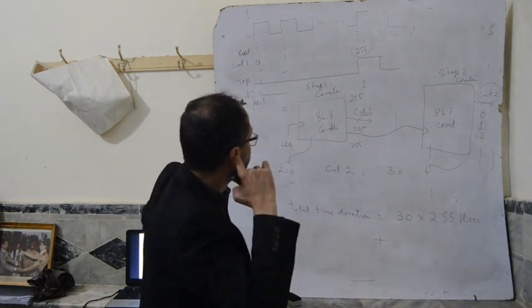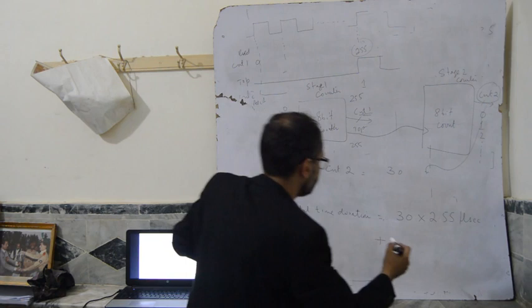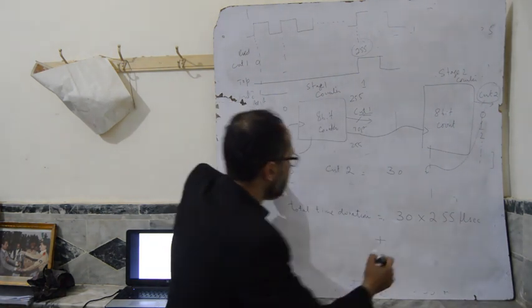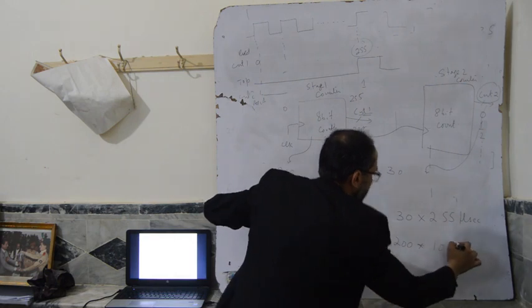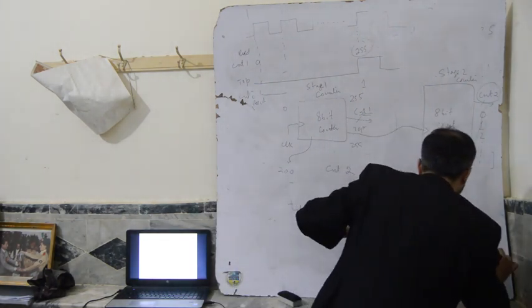And the first counter, count 1, let's assume the count is 200, and it counts an interval of 10 nanoseconds.